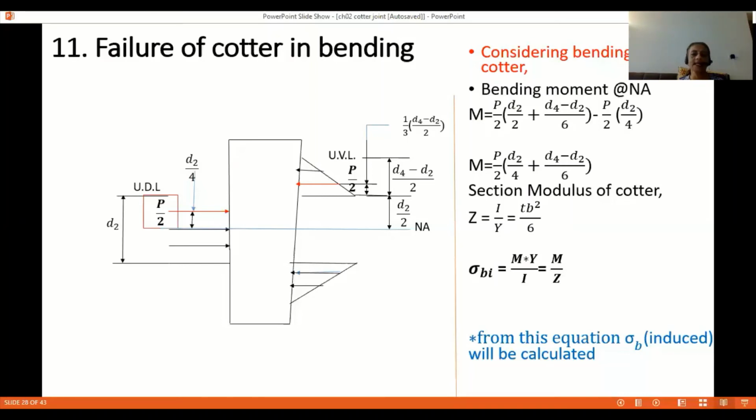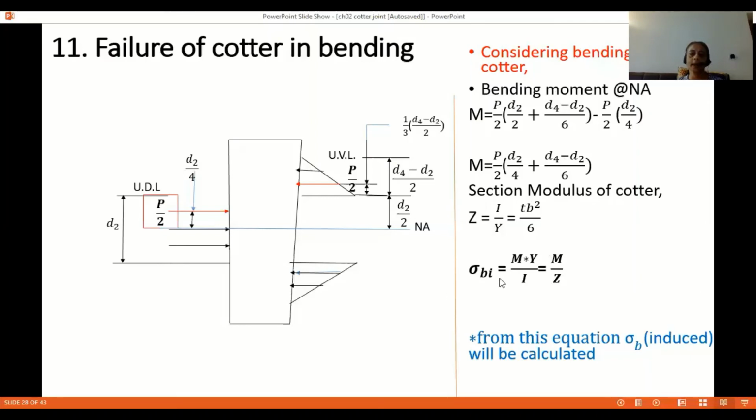So Z is the section modulus, which is ratio of moment of inertia to the distance of extremost fiber from neutral axis, and for rectangular section here it is TB square by 6. We know all the parameters over here. So we will be using the formula M upon I is equal to sigma B upon Y.